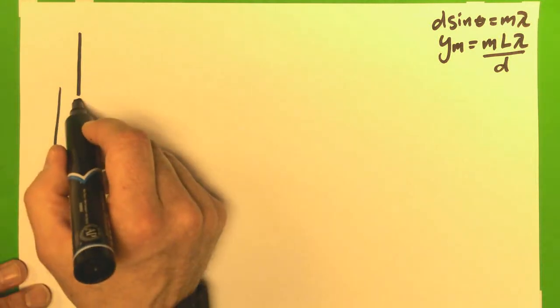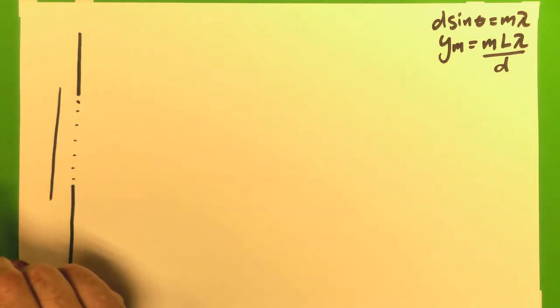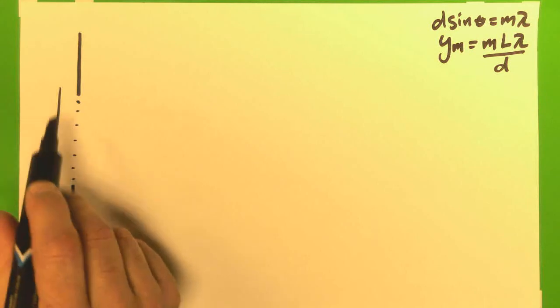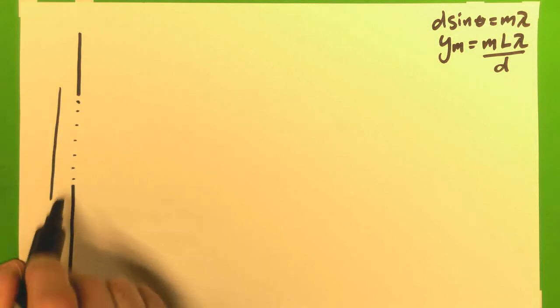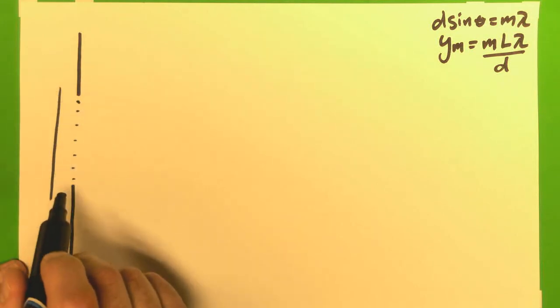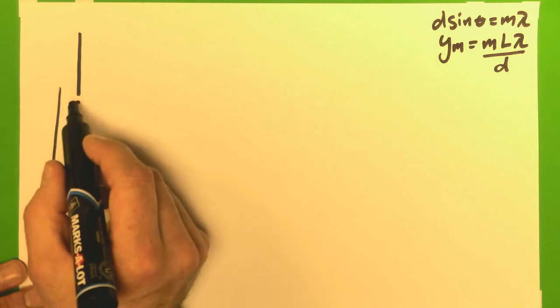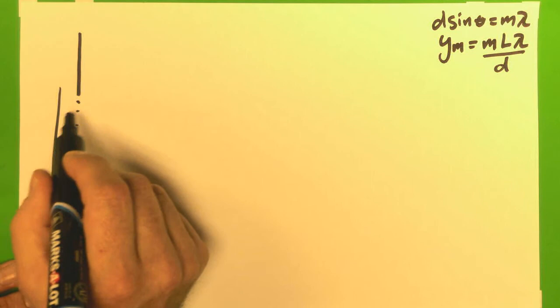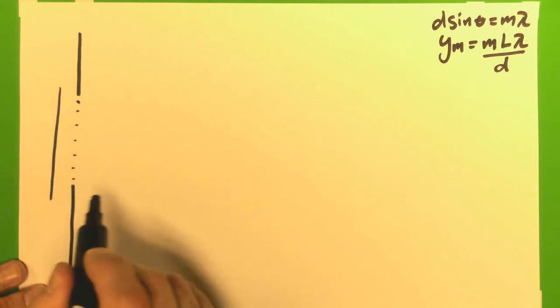And so this spot right here acts like a diffraction point for a wavefront. So does this one, so does this one, so does this one, all the way down. And I've only drawn a few. Infinitely, there are infinitely many in between. And so I can think about everything in between here as being different sources of diffraction.